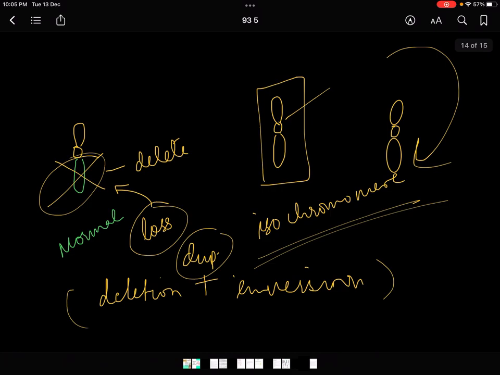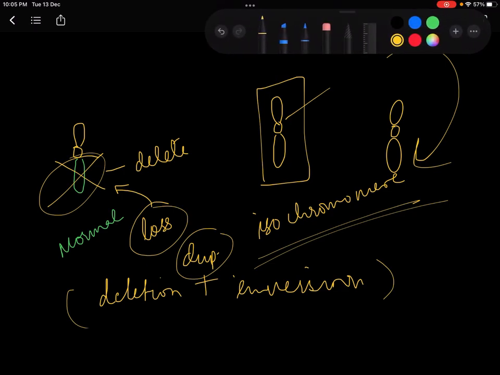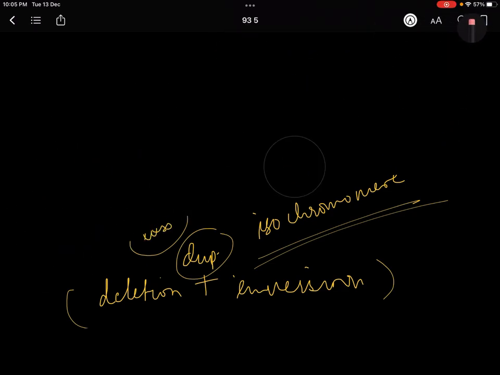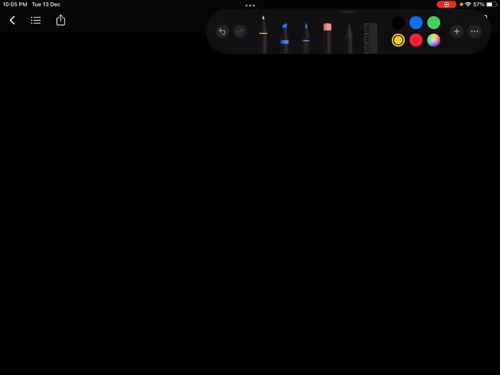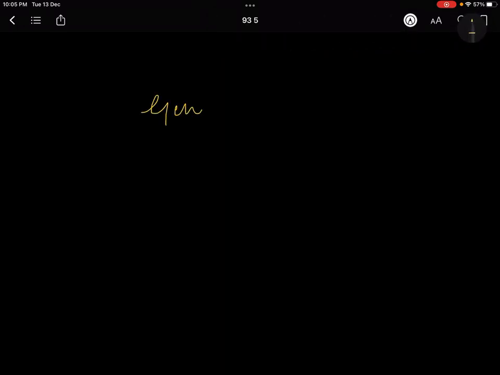So I hope you have understood these genetic disorders, right guys? Whatever we have done are the structural changes. We have done the numerical changes too, and in this chapter we are going to cover some other kinds of genetic disorders, because basically why are these genetic disorders happening? They could be mutations.